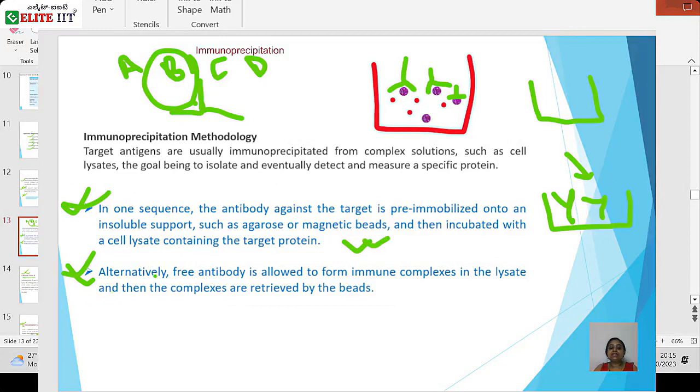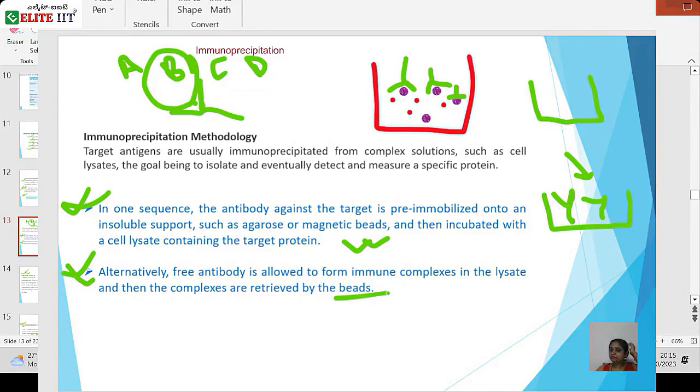Now, alternatively, free antibody is allowed to form immunocomplexes in the lysate and then the complexes are retrieved by the beads. So first of all, this complex formation is done, and lastly, it is separated through the beads.